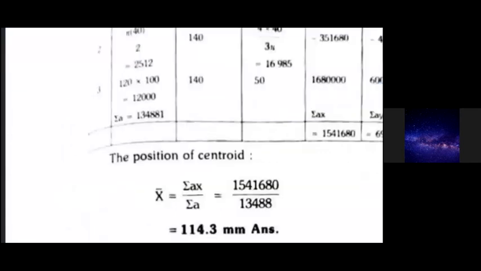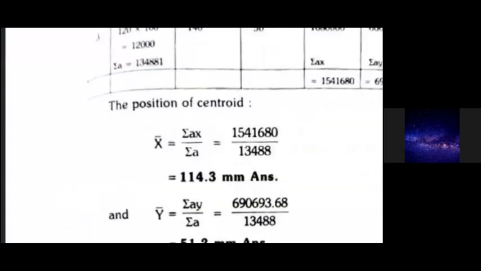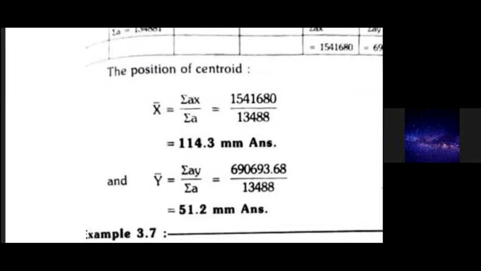Next, the position of the centroid, that is x bar, is equal to sigma ax by sigma a. Substitute the values, simplify, and we get x bar equal to 114.3 mm. Similarly, y bar is equal to sigma ay by sigma a. We substitute the calculated values and we find y bar is 51.2. So it's an important problem.